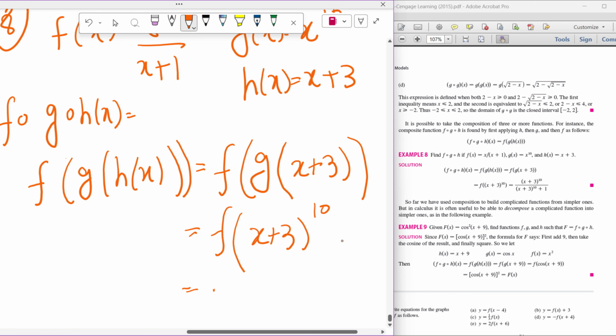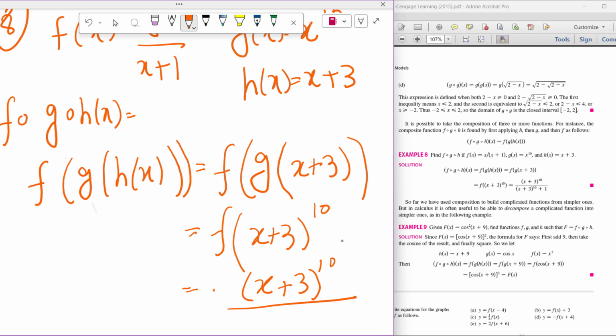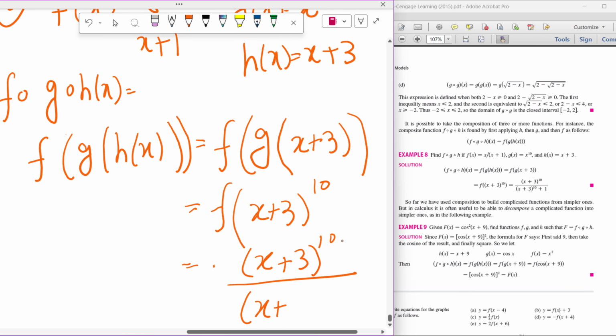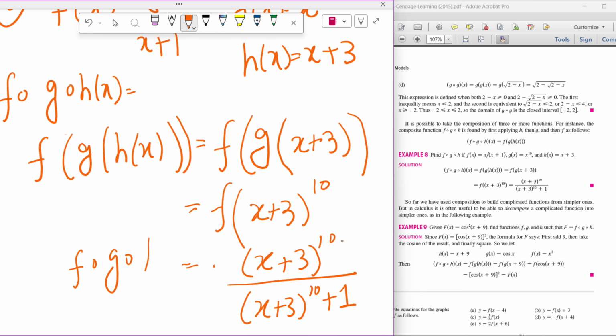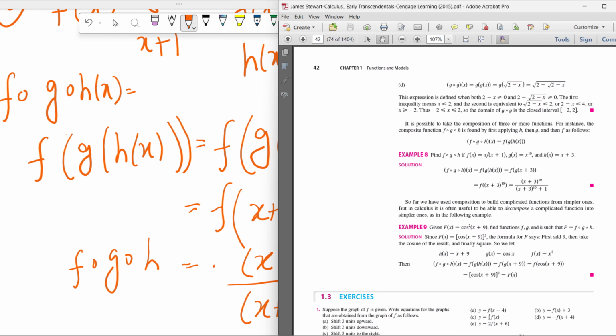So now it will be equal to x plus 3 whole power 10 divided by x plus 3 whole power 10 plus 1. So this is f of g of h. In this way, we can also find the composite of more than one function.